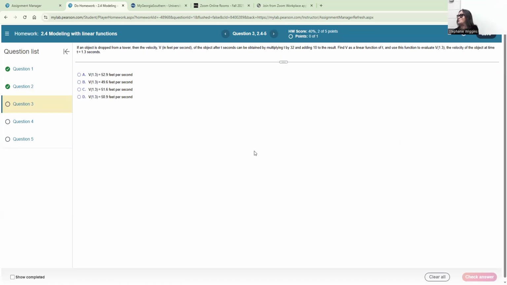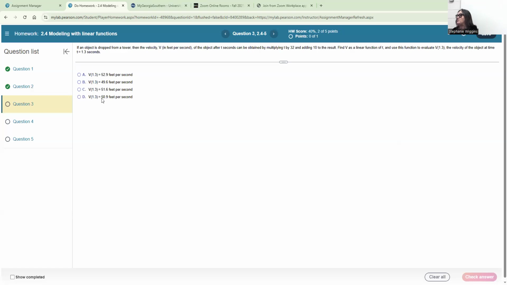Here, if an object is dropped from a tower, then the velocity, now in feet per second, of the object after T seconds can be obtained by multiplying T by 32 and adding 10 to the result. Find V as a linear function of T and use this function to evaluate V of 1.3.